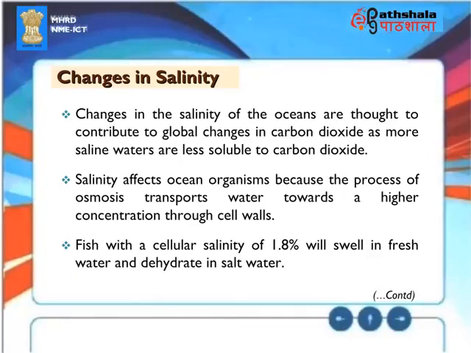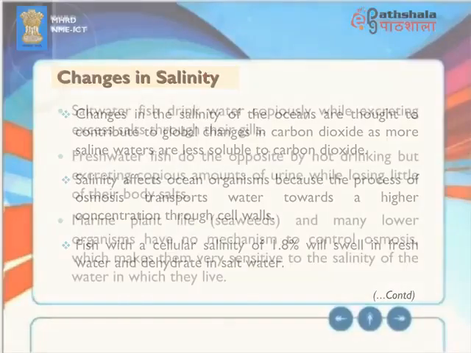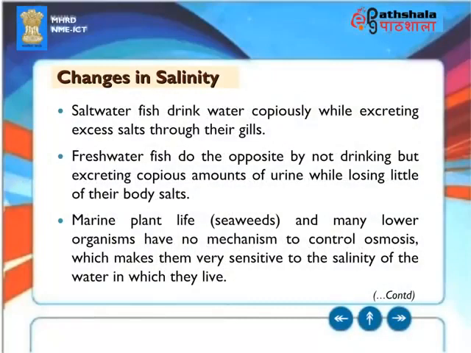Salinity affects ocean organisms because the process of osmosis transports water towards a higher concentration through cell walls. Fish with a cellular salinity of 1.8% will swell in fresh water and dehydrate in salt water. Saltwater fish drink water copiously while excreting excess salt through their gills.